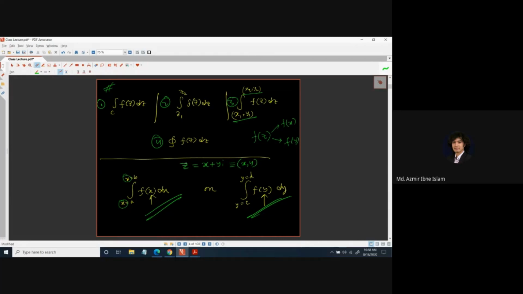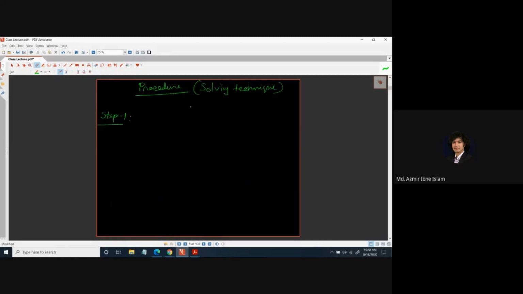That's why z can be written as a point xy. Similarly, z1 is actually x1 y1, z2 is actually x2 y2. This is the alternative form. So any complex number can be written as a point. So first of all, let's say we have 2 points x1 y1 and x2 y2.